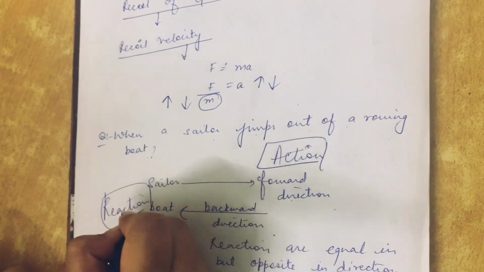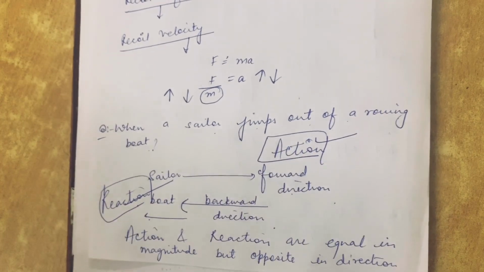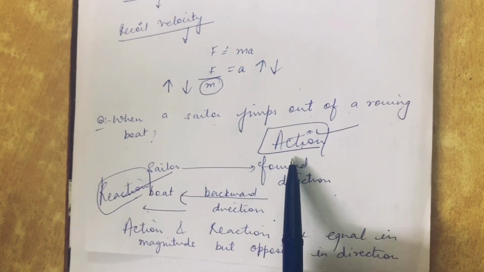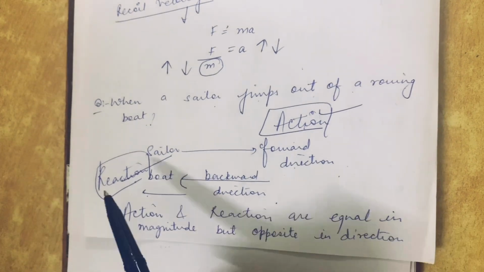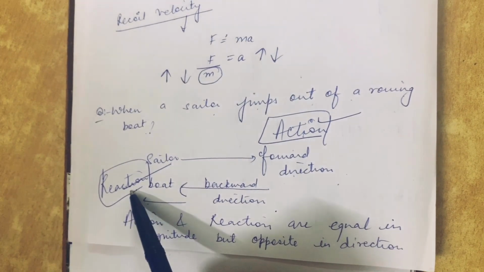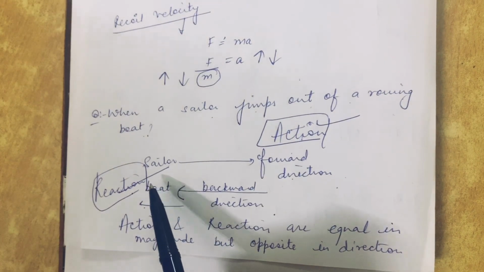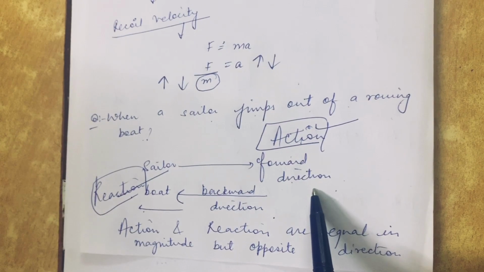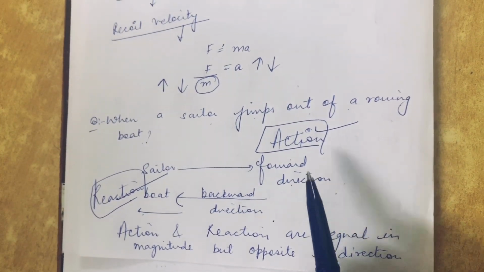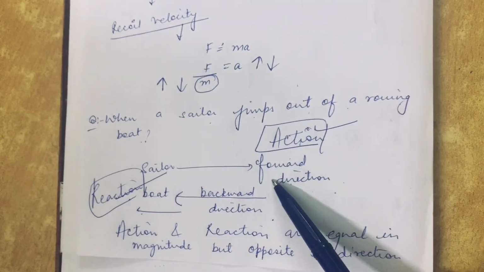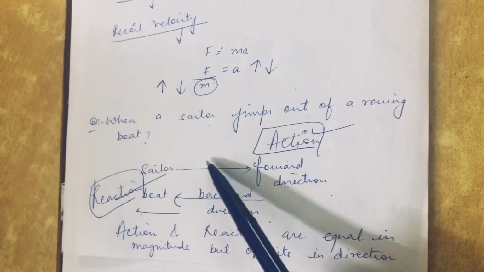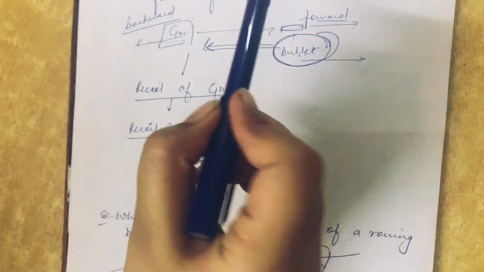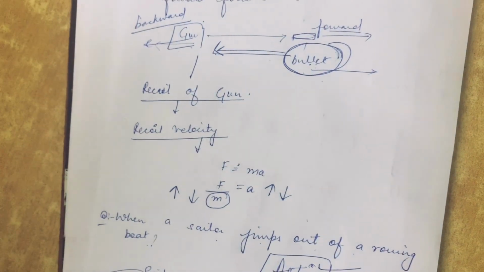One is in the forward direction, the other is in the negative direction, that is backward. There are many more examples of Newton's third law: how we walk, the case of recoil velocity, the sailor jumping out of a rowing boat, and the hose pipe, where you can practically see the application of the third law.